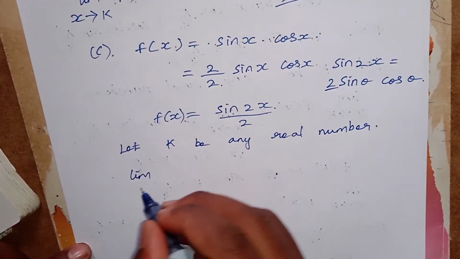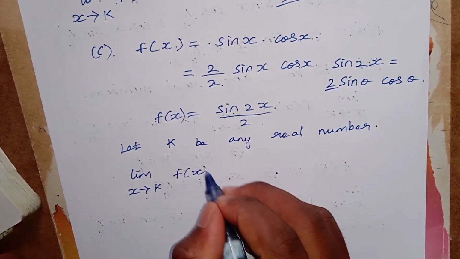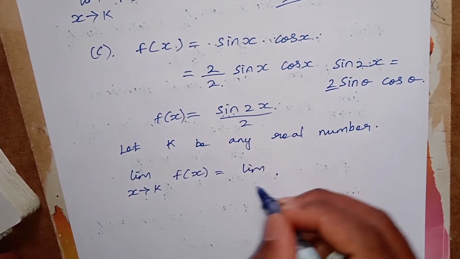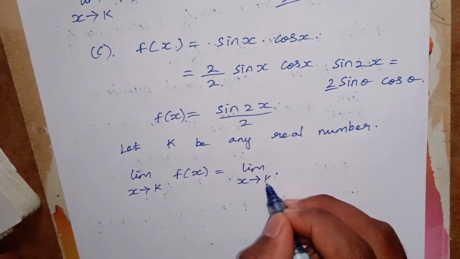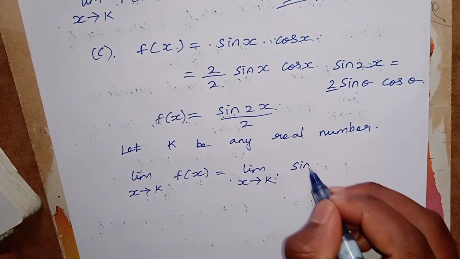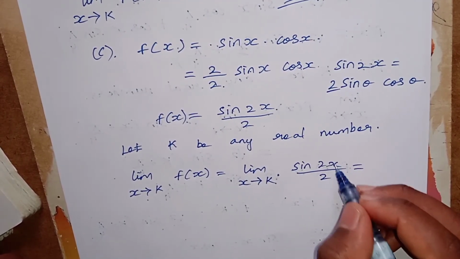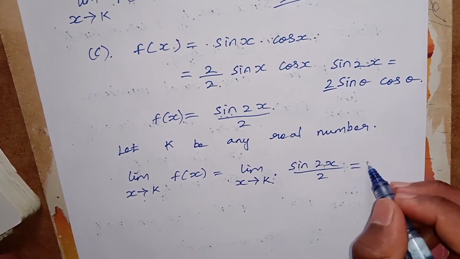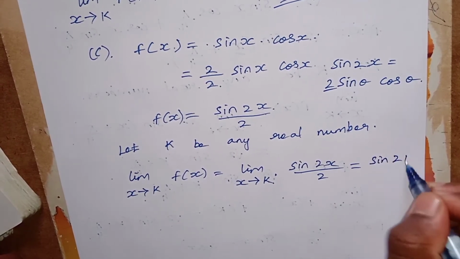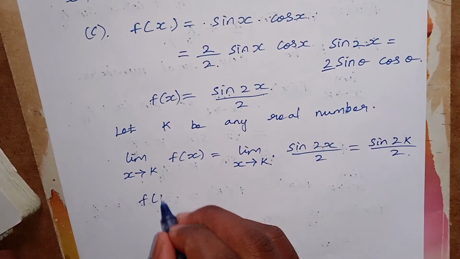Here limit x tends to k of f of x. In the place of f of x my function is sin 2x divided by 2. In the place of x you have to substitute k, sin 2k divided by 2. Okay, again f of k.